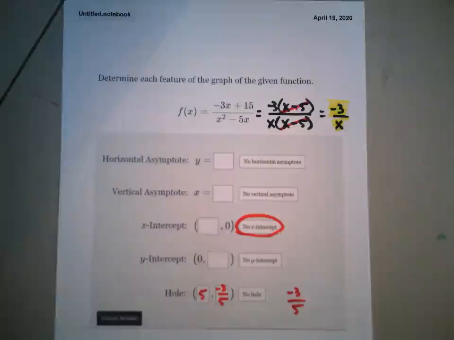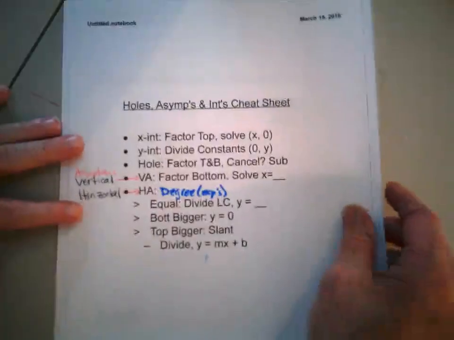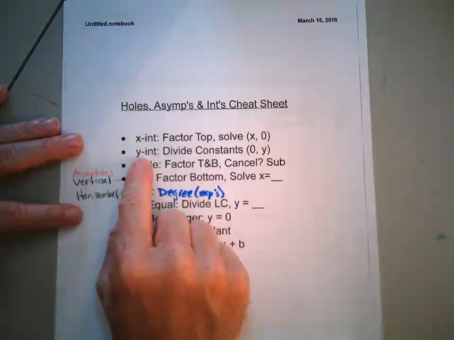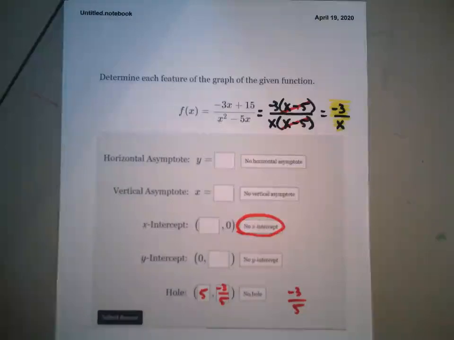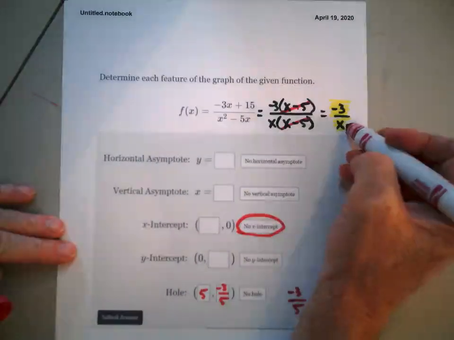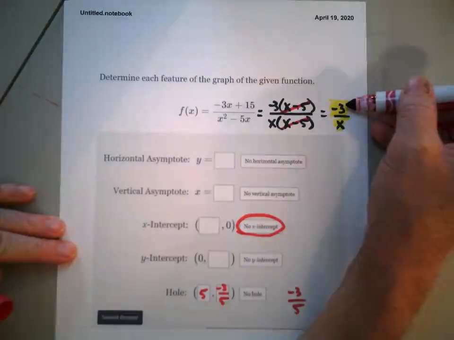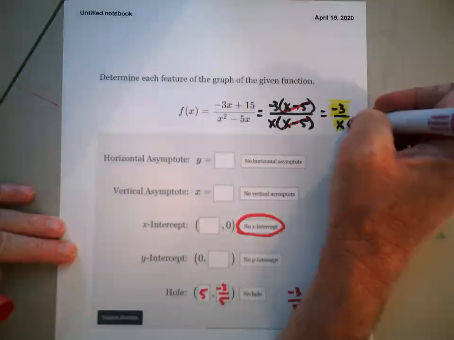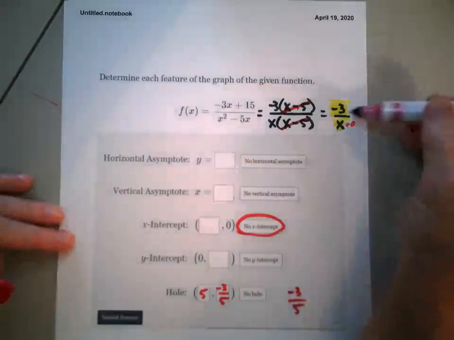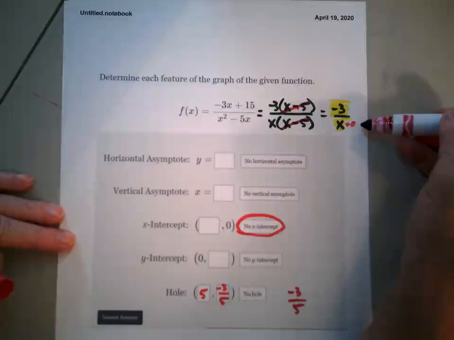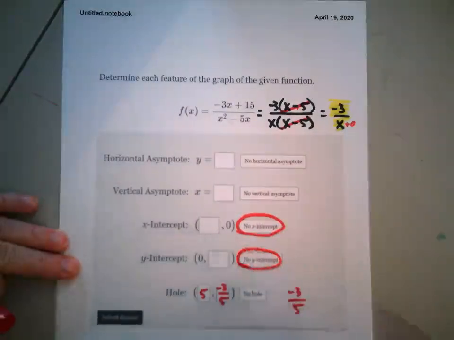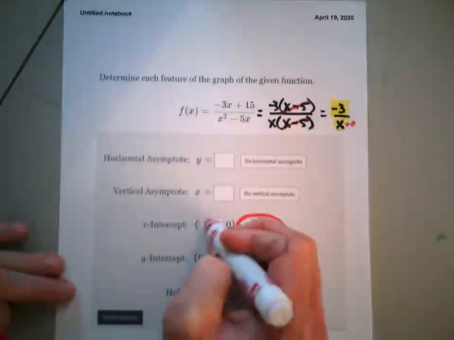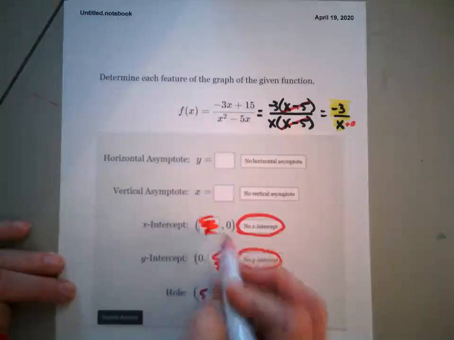The bottom, y-intercepts. Divide the constants. Let's see. The constant on the bottom is 0. So if you take -3, this is like plus 0. So if you take -3 and you divide it by 0, it's undefined. So we actually have no y-intercept as well. So there's nothing here, there's nothing here. So don't answer those.